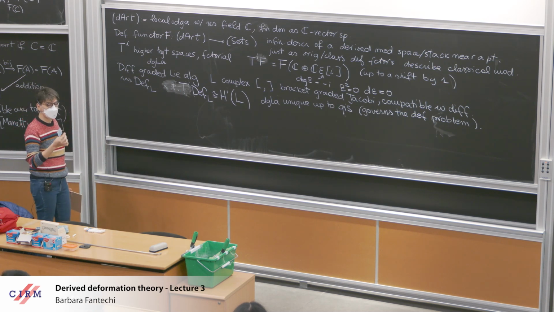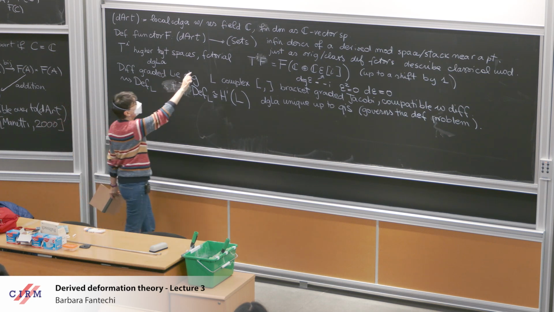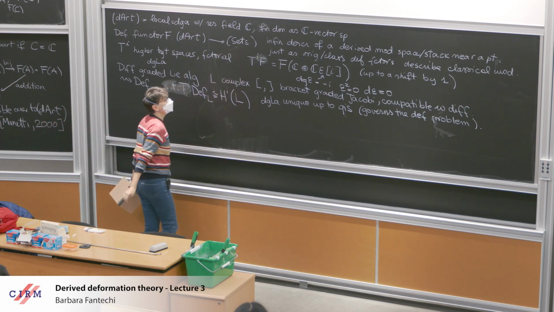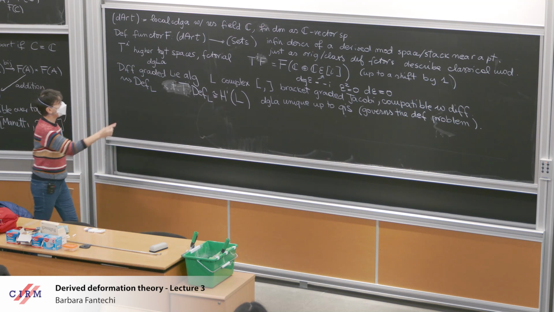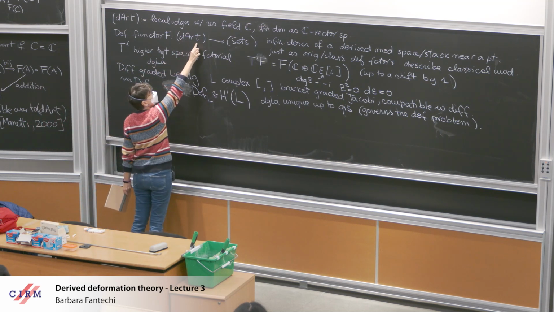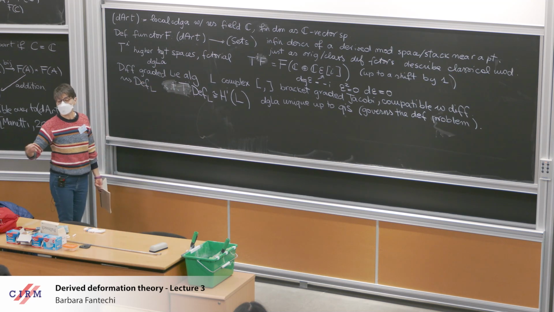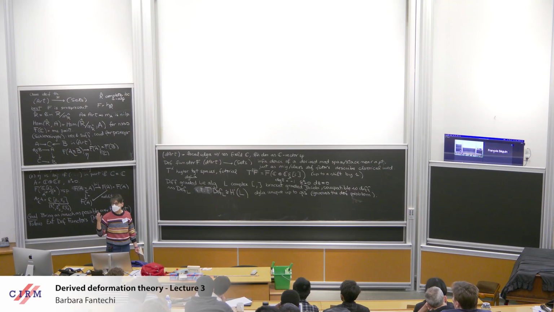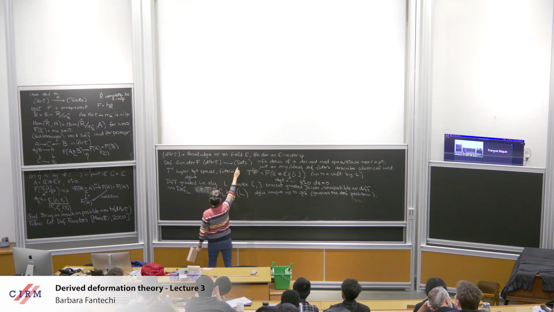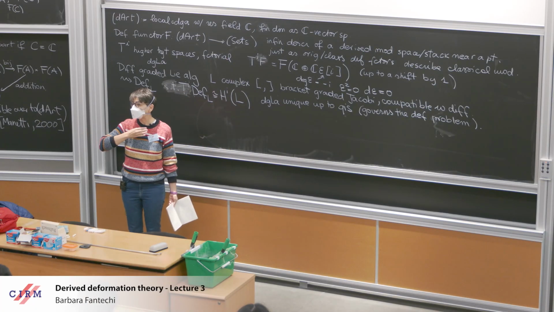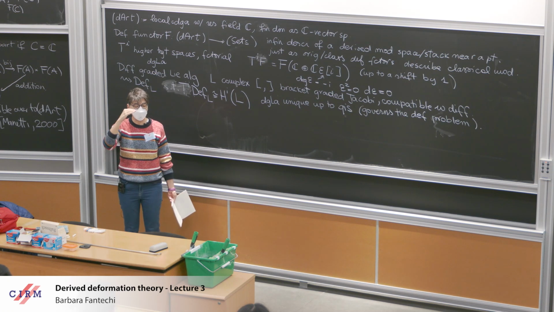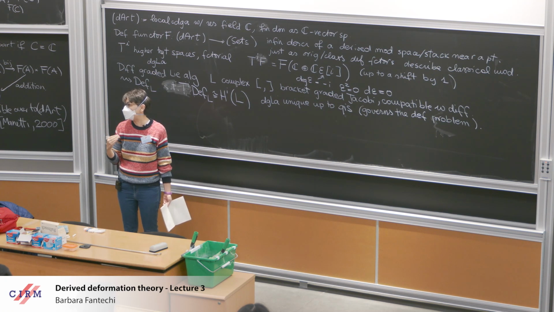In fact, I told you that here I want to work with sets, while naturally here, as I explained this morning, the morphisms are naturally simplicial sets, Kan complexes, because I have these simplicial objects inside differential graded algebras. And so if I want to work with sets, the least I can do is try to see what happens if I replace a map by a homotopic map.